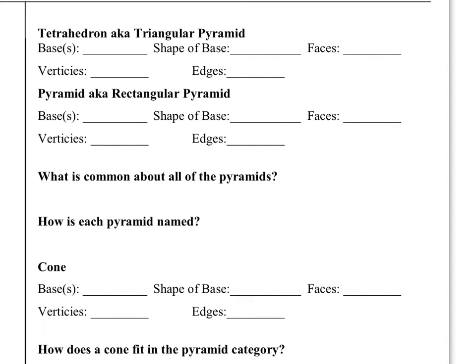Janelli, why is it that you chose that shape that's in your hand as opposed to the other one? She says it has nothing but triangles, whereas the other one has a rectangle. So that's why she chose that one to be a triangle.